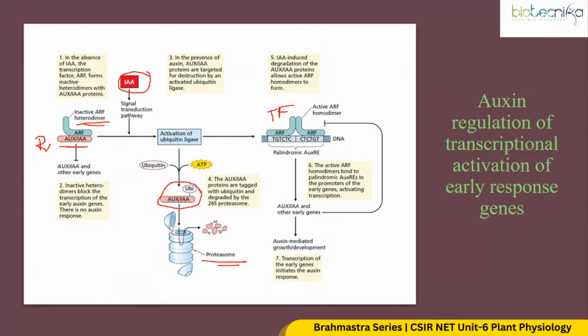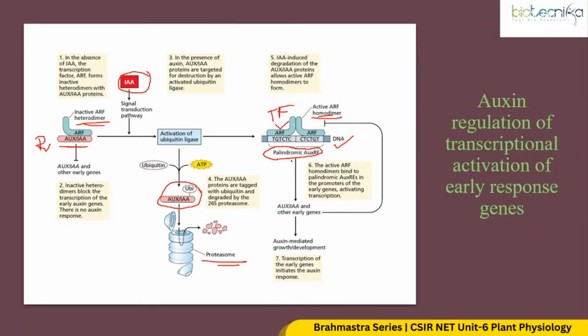So now the transcription factor ARF is free, which will undergo dimerization, forming a homodimer. They will go and sit onto the specific response elements present in the DNA. Every protein will bind to the DNA only at its specific sequence.